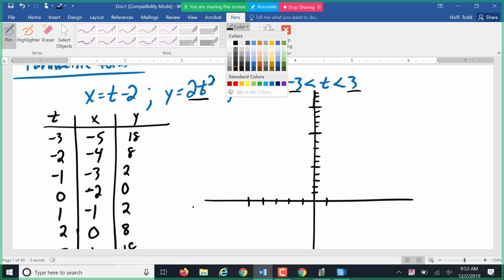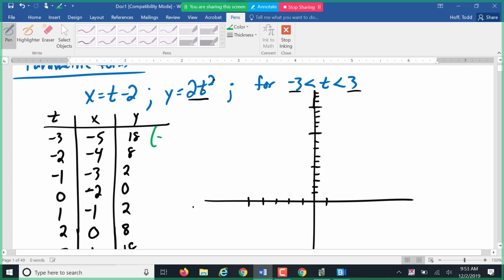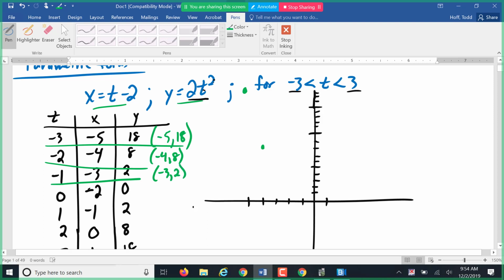we still have ordered pairs here. This is just the ordered pair x is -5, y is 18. They were defined separately in the equation, but they still come together to make an ordered pair. So -5, 18 is somewhere in there. This one's still the ordered pair: x is -4, y is 8. So -4, 8 is somewhere in there. This is the ordered pair x is -3, y is 2. -3, 2.